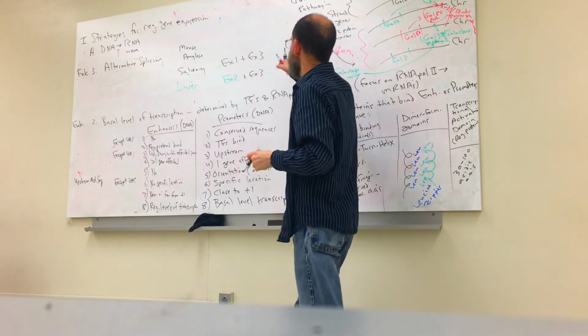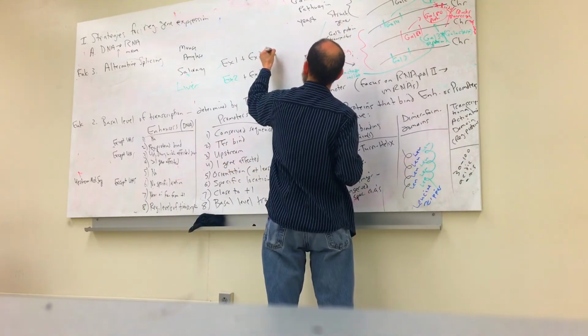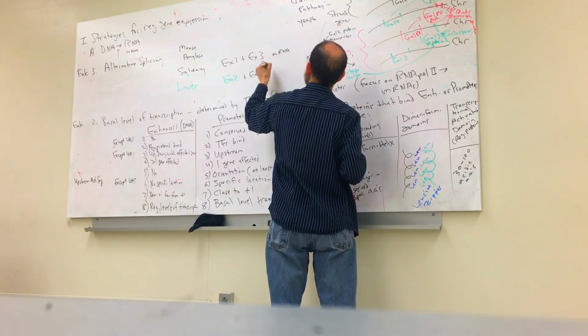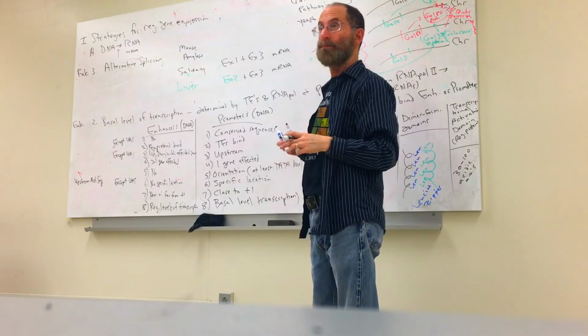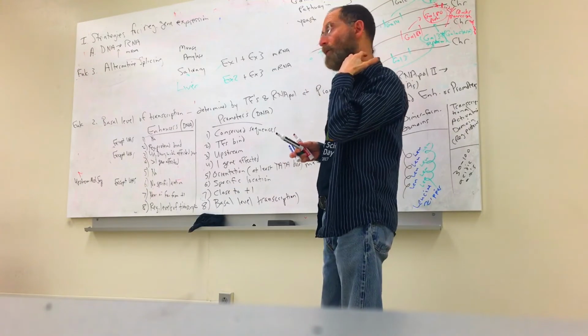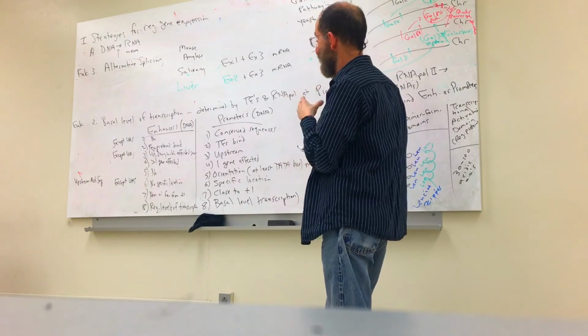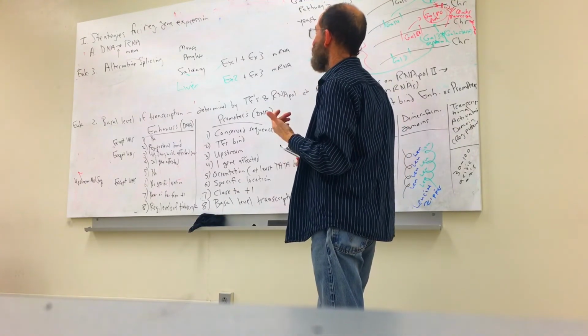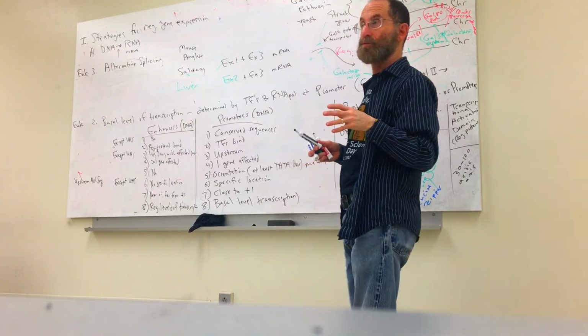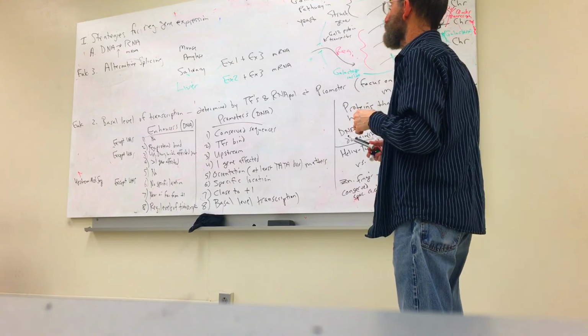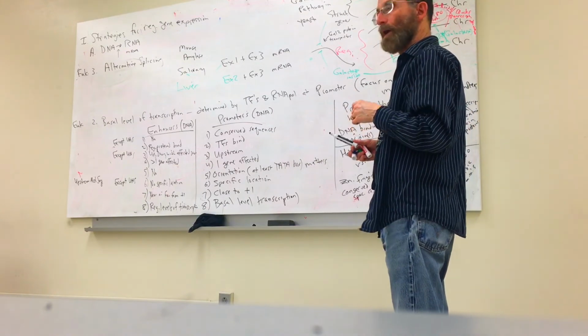And the result is when you get these messenger RNAs, you get a different form of the protein. Okay? So that's the example that we talked about for another way to regulate transcription by alternative splicing. Okay?